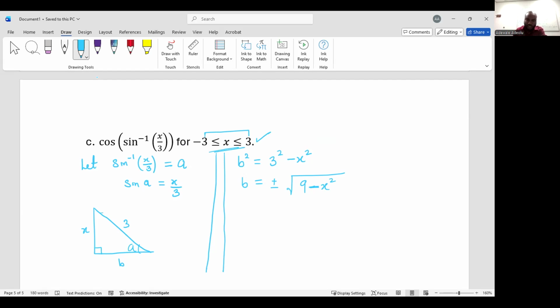That being said, now we can say cosine of sine inverse of x over 3 is cosine of, we've represented all of these by A, so cosine of A, which is adjacent, which is B. Our B is square root of 9 minus x squared over hypotenuse 3.